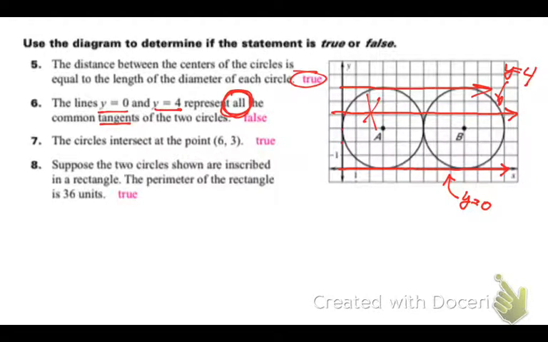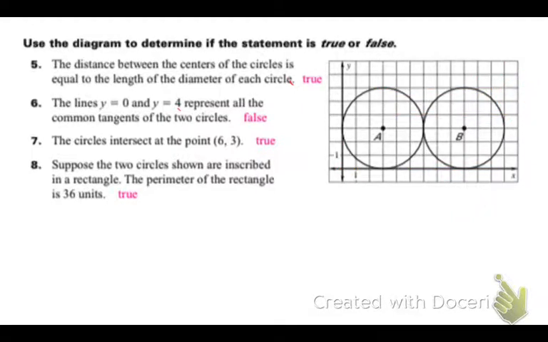Whenever a statement uses the word all, you need to be suspicious because all means all, like every single possibility in the universe. And it's very hard to get that in mathematics. So always be suspicious if you see an all and you're being asked to tell whether or not it's true. If it says all, it's probably false. Not all the time, but there's a good chance.